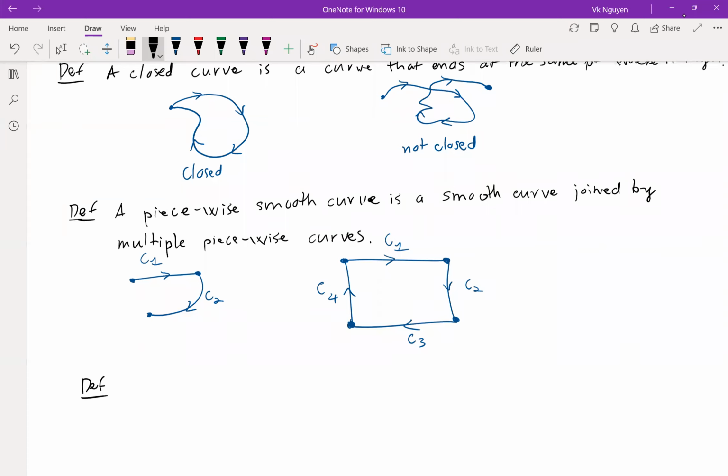A closed curve has a positive orientation if it has a single counterclockwise traverse.